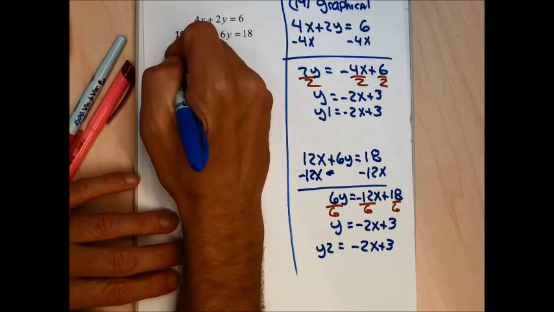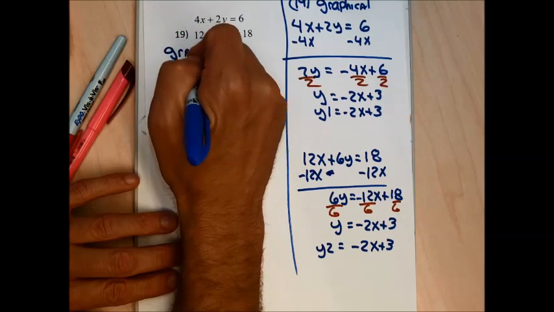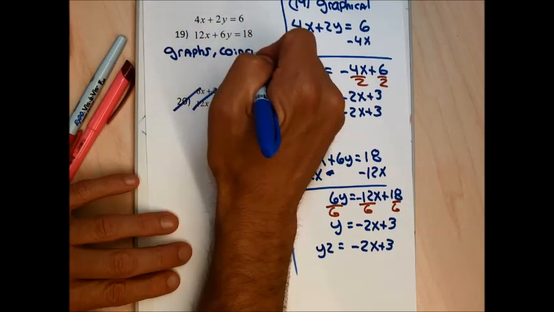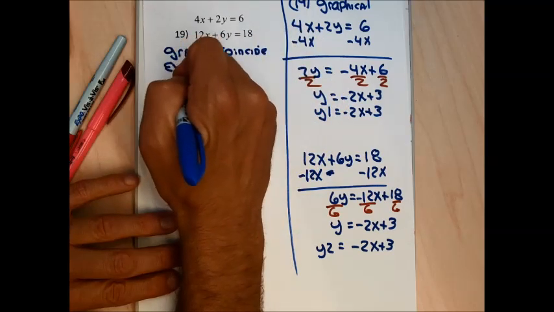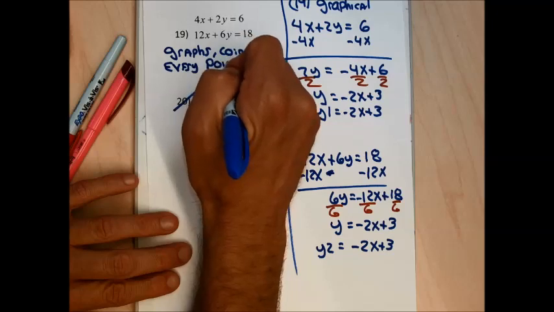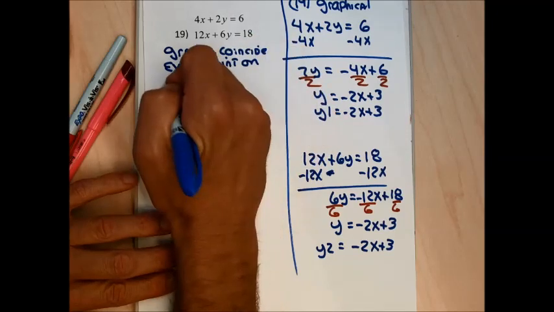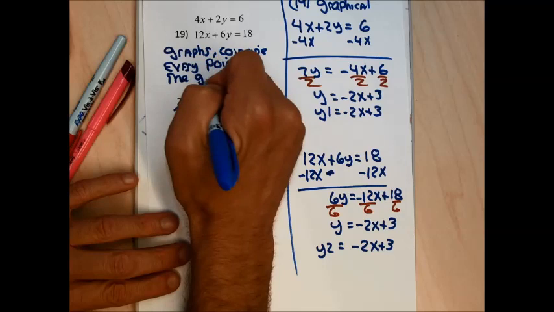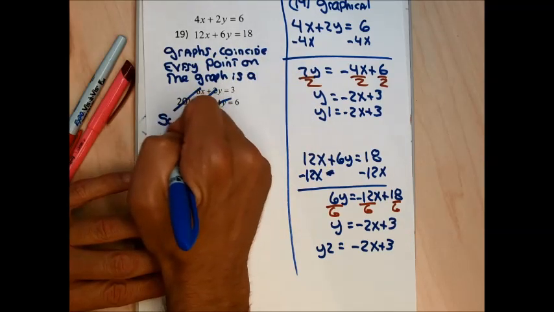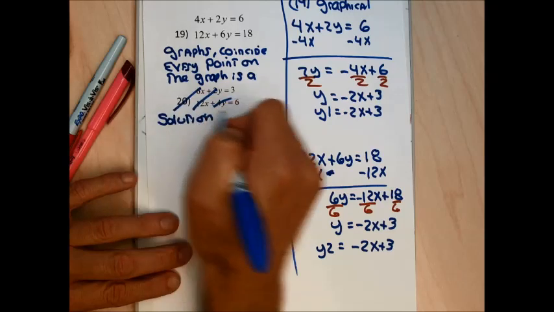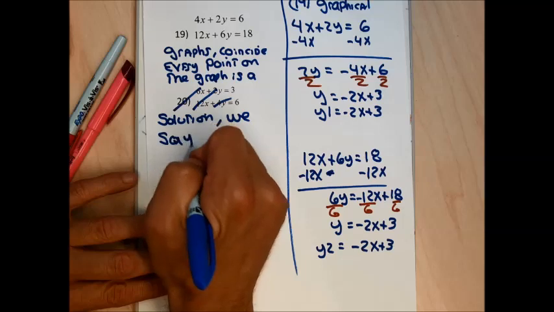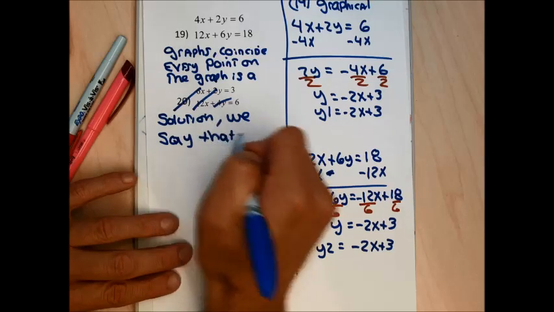So when the graphs coincide, meaning they're essentially the same graph, every point on the graph is a solution. And we say that there are infinitely many solutions.